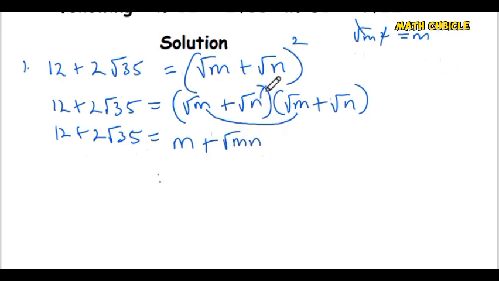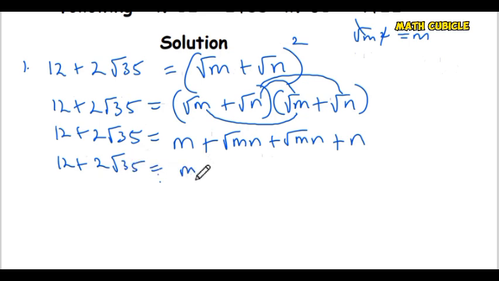Root n times root m, plus root mn. Then root n times root n, that's plus n. So this becomes 12 plus 2 root 35 is equal to m plus root mn plus root mn, that's 2 root mn, plus n.